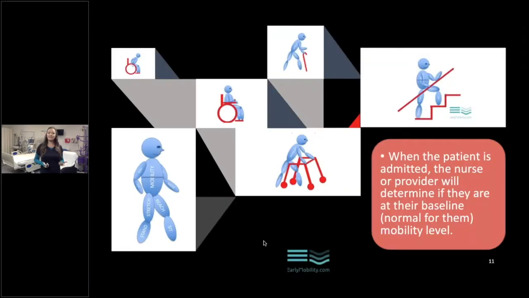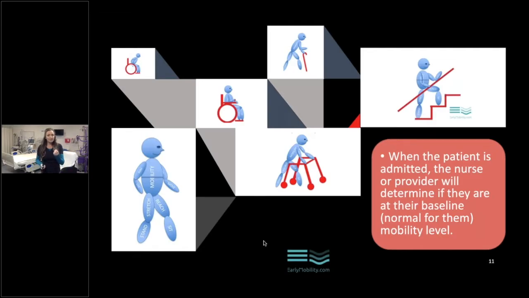When a patient is admitted, the nurse or the provider will determine if they're at their baseline, what's normal for that patient. And if they're not at their baseline, then we're working towards restoring baseline level. If they are coming into our hospital or our institution at baseline, we are looking to maintain that level for our patients.